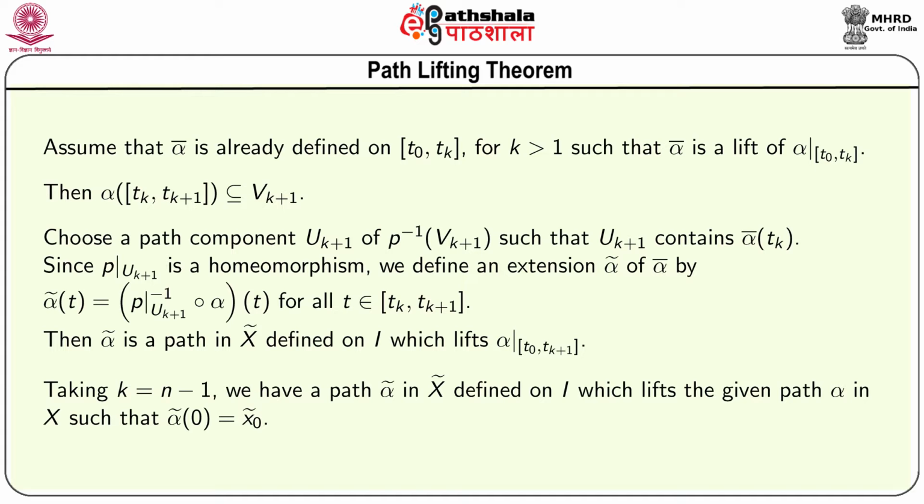Taking k equal to n minus 1, we have a path alpha tilde in X tilde defined on I which lifts the given path alpha in capital X such that alpha tilde of 0 is equal to x0 tilde. The uniqueness of the lift follows from a lemma that we have discussed before.